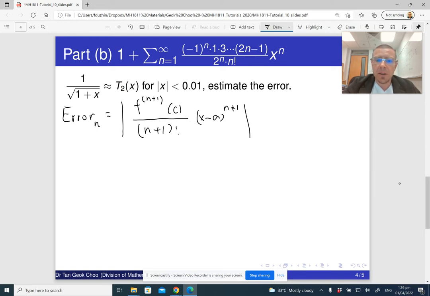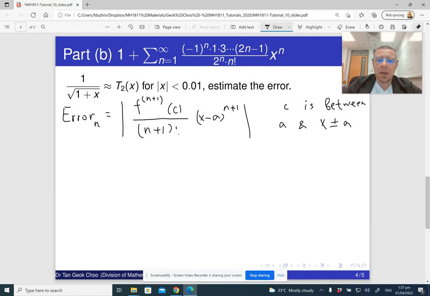And here c is between a and x, whether it is on the left or on the right.